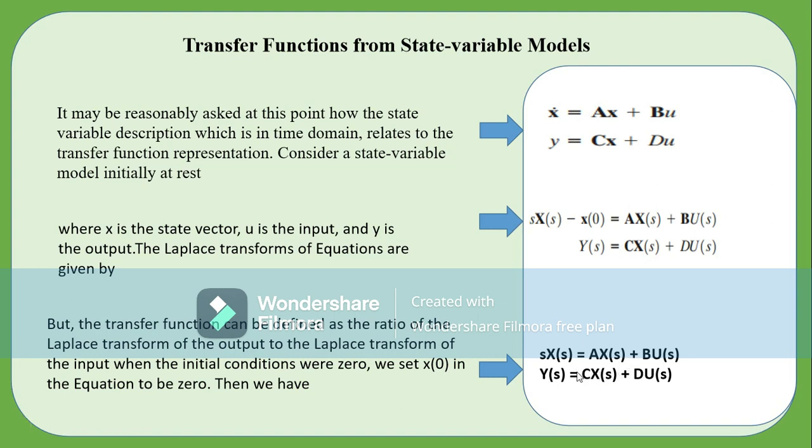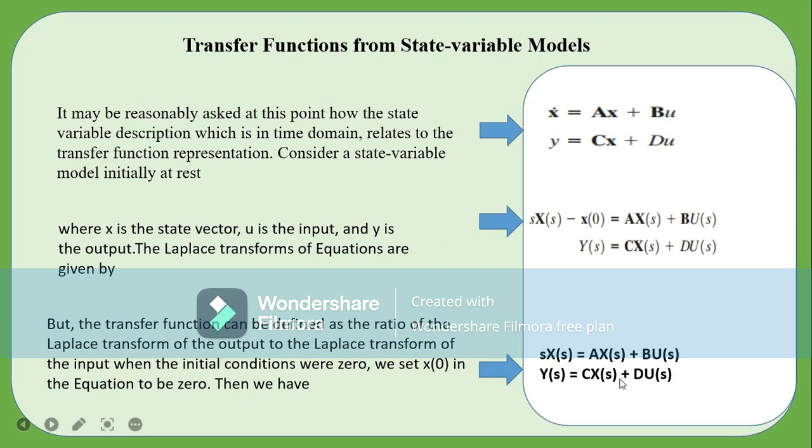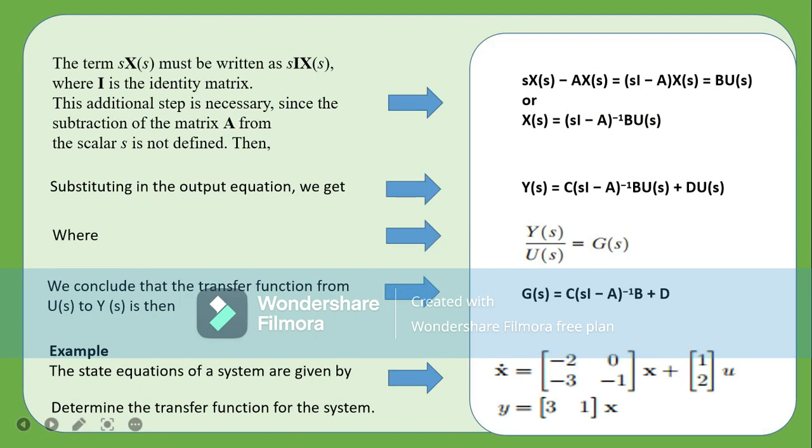So I have y of x is equal to C, now this is the value for that S of x, which is this. We substitute that into the equation now, plus Du of x. Remember, this is the Du of x like we have. So let's continue.